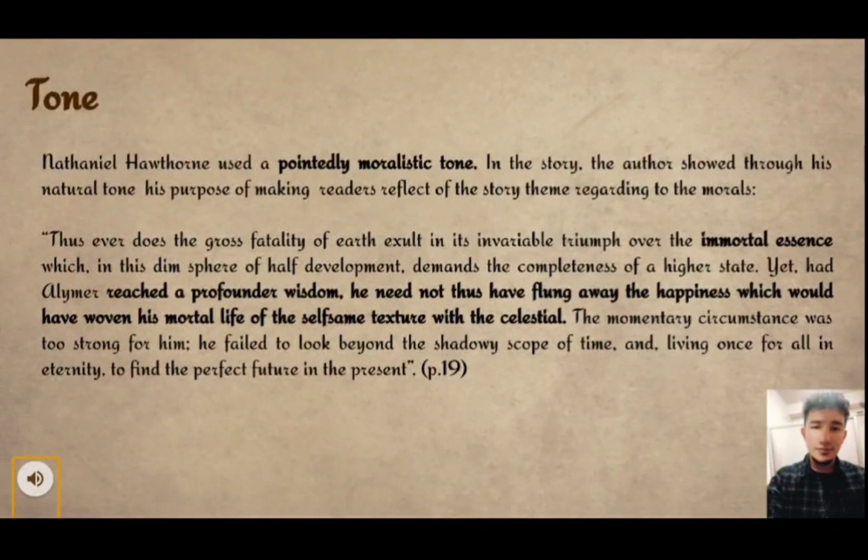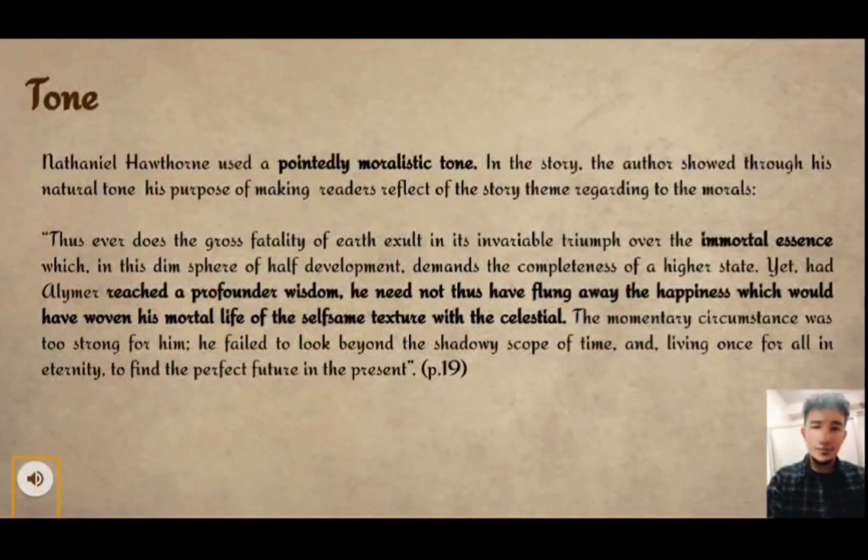Yet, had Aylmer reached profounder wisdom, he need not thus have flung away the happiness which would have woven his mortal life in the selfsame texture with the celestial. The momentary circumstance was too strong for him. He failed to look beyond the shadowy scope of time, and living once for all in eternity, to find the perfect future in the present.